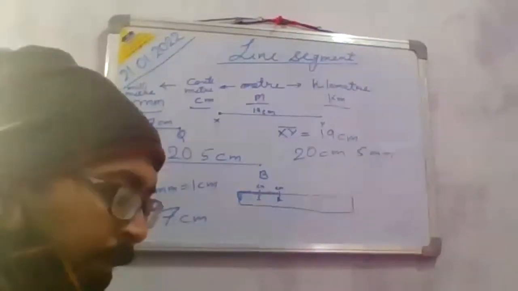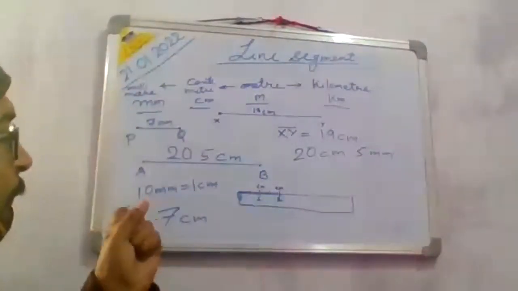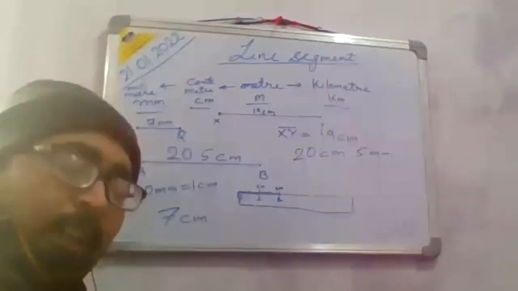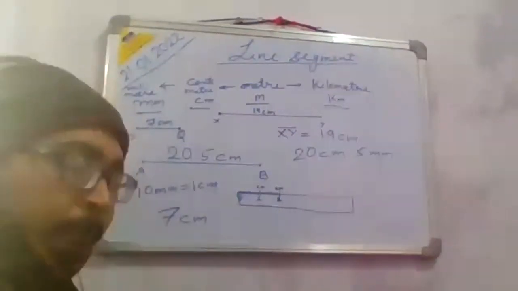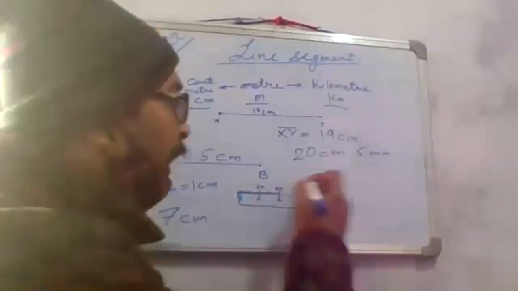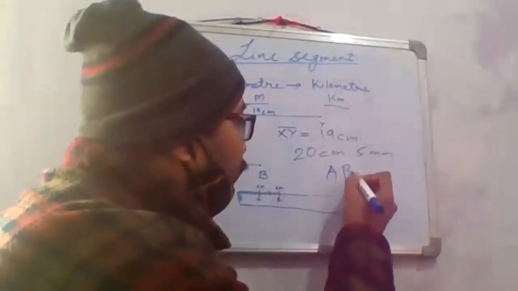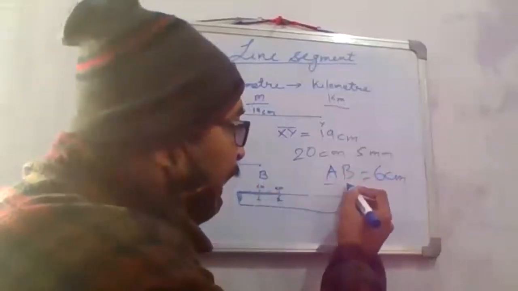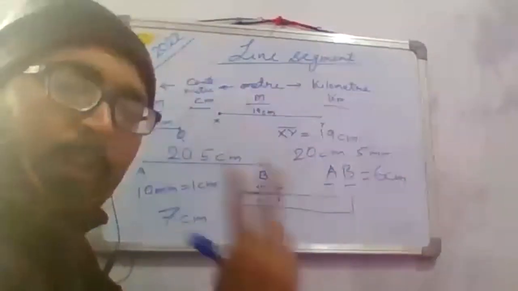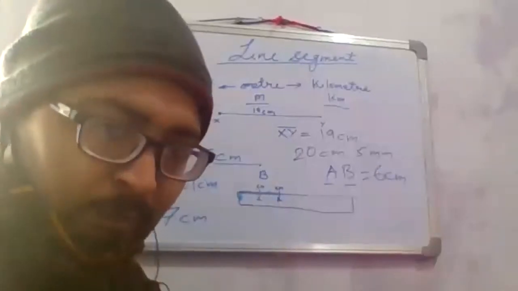Always remember, many times it is said to construct a line segment of, suppose, 5 centimeter, but many times it is written to construct a line segment AB equal to 6 centimeter. It means A and B show the 2 end points of that line segment.